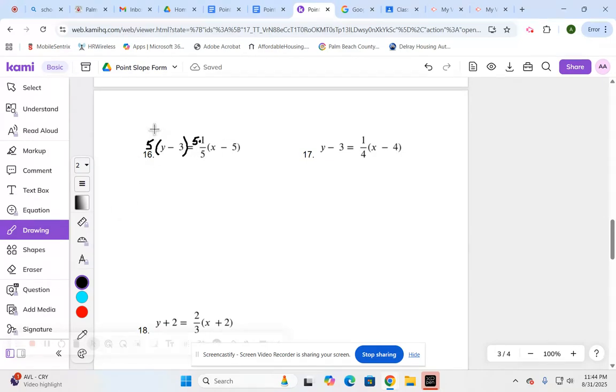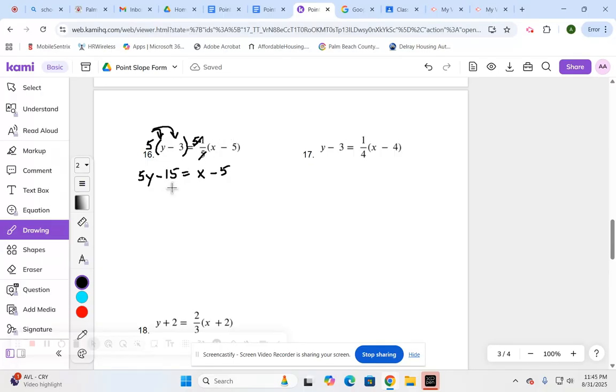So now let's go ahead and distribute here. So we'll have 5y minus 15 equals, you see the 5's cancel each other out. The 1 is not going to change the quantity of x minus 5 if you multiply it by 1.